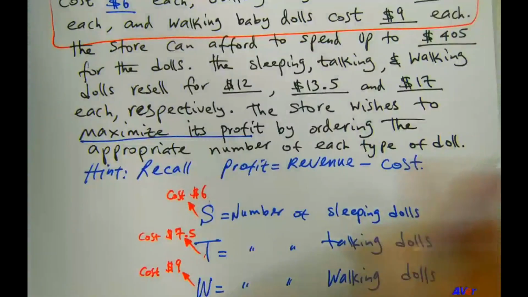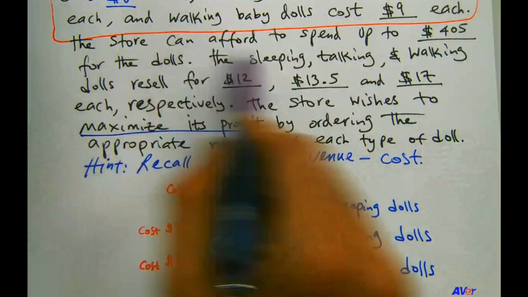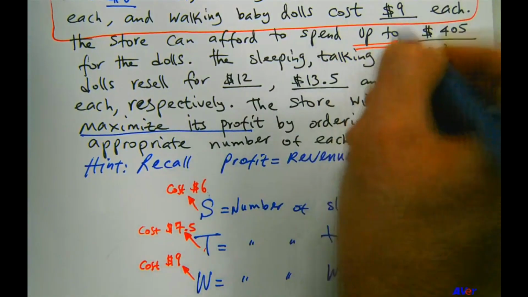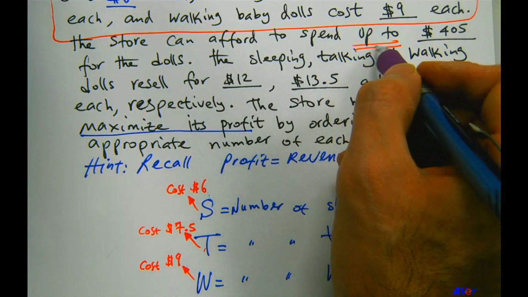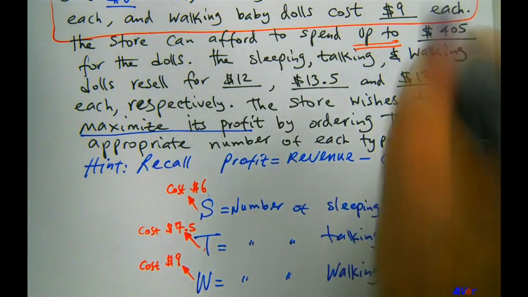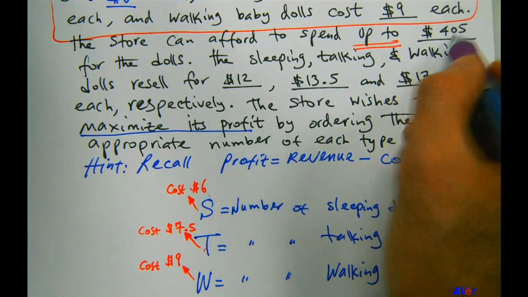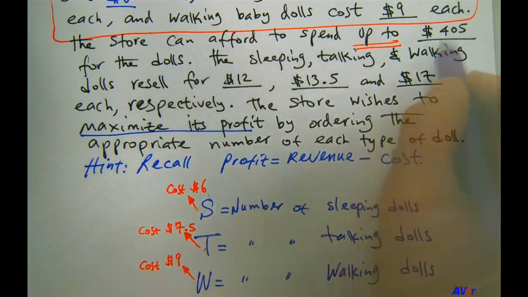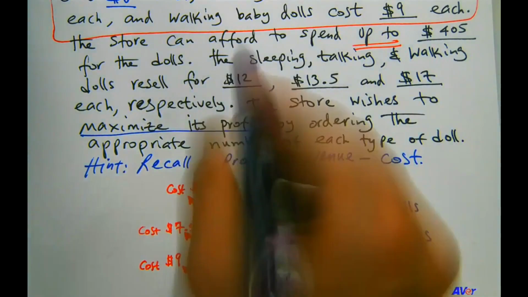So let's read more. The store can afford to spend up to, that's very important, up to, that's a constraint, right? Up to. That means not exceeding $405 for the dollars. Okay, so hold on to that information in your mind and we get to that.